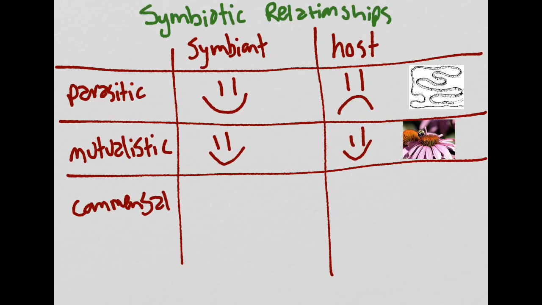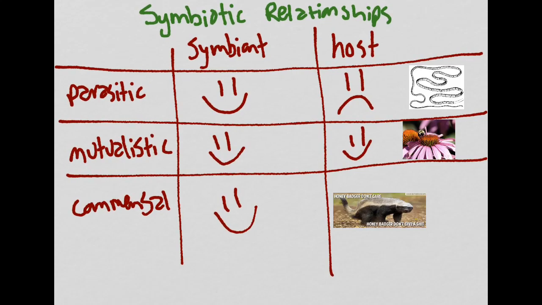A commensal relationship is one where the symbiont will benefit while the host really couldn't care less. It doesn't benefit or get hurt by the symbiont. They just live together. This might include the relationship between suckerfishes and certain types of sharks.